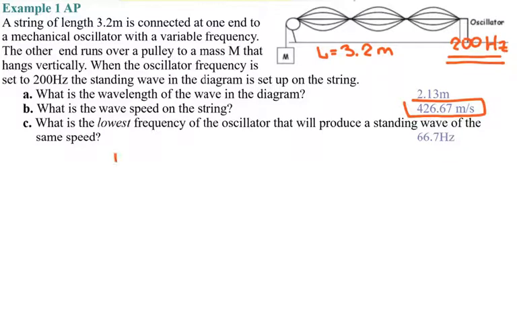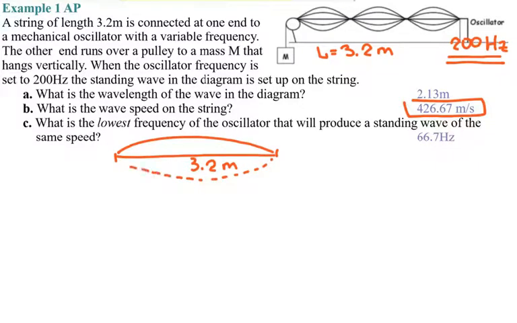If the length of the string is 3.2 meters, I can produce the first harmonic. The first harmonic is going to be this much, and this is only 1/2 of the wavelength. So your L in this case is equal to 1/2 of the wavelength.